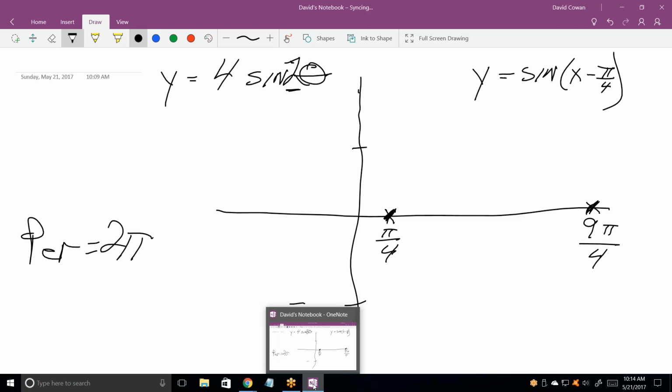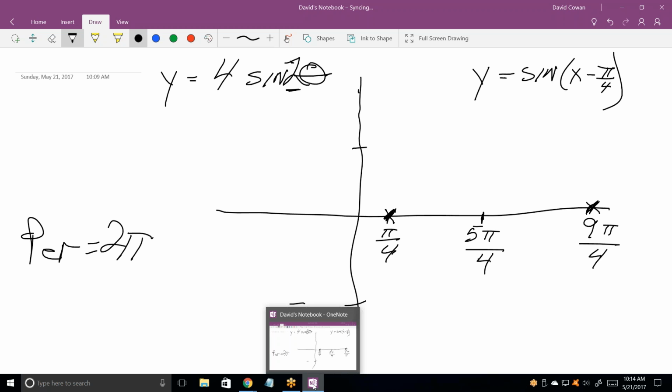In other words, let's find the midpoint. And the way you do it is just add the two numbers and divide by 2. So 10 pi over 4 divided by 2 is 10 pi over 8. Simplify that. Right, 10 pi over 8, so 5 pi over 4.